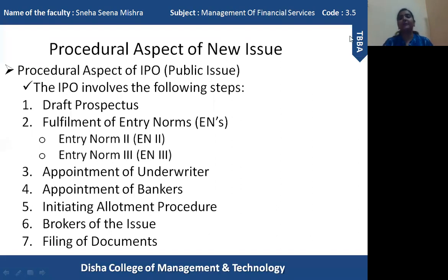When a company makes an offer worth more than 50 lakh, meaning the total number of shares which they want to issue directly to the public has a total amount of more than 50 lakh, they have to make a draft prospectus for the observation of SEBI. SEBI will go through the details of the prospectus.